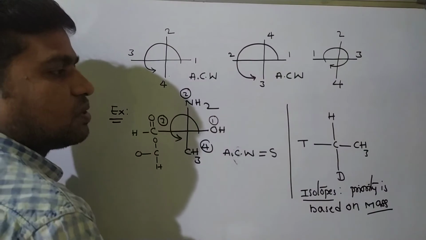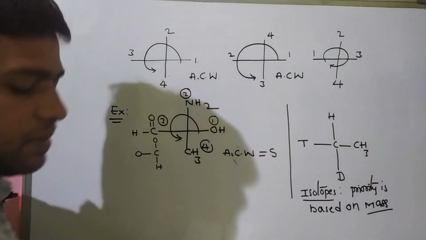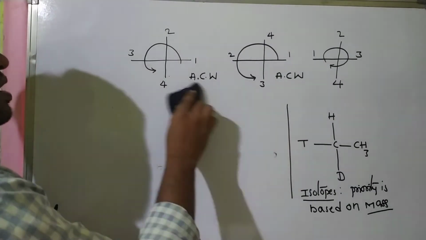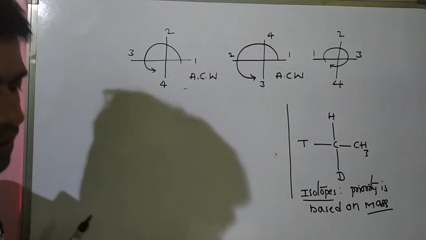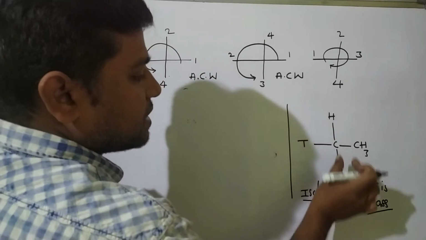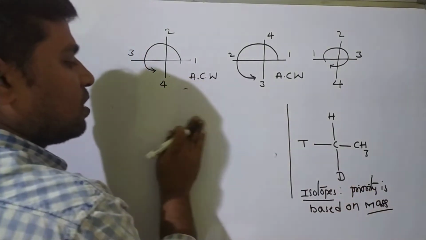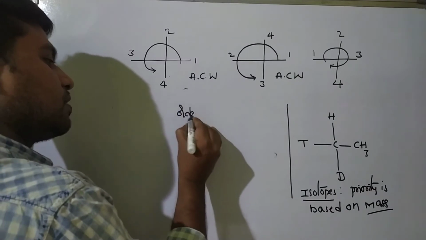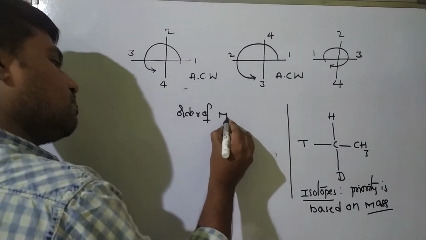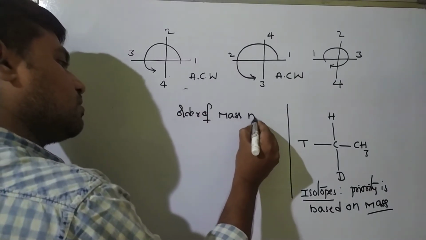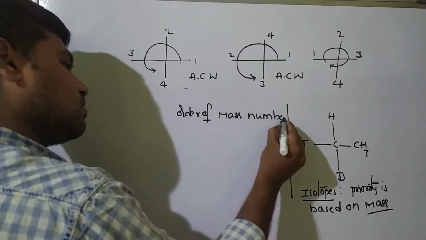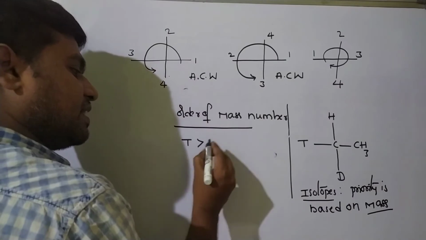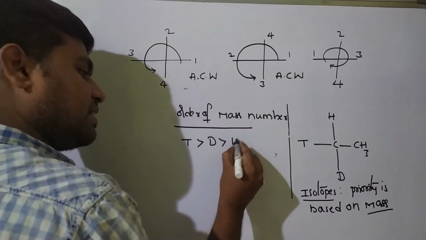Okay, students. So what is the order of priority? What is the order of mass numbers of hydrogen atoms? Here hydrogen, this is deuterium, this is tritium. The order of mass numbers is tritium greater than deuterium greater than hydrogen.